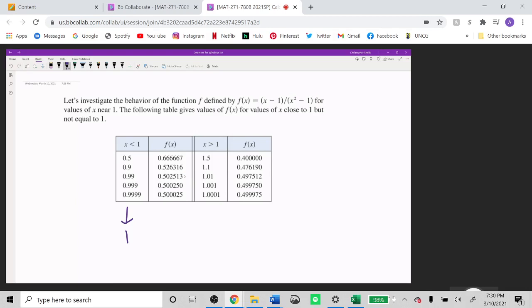So if you plug 0.5 into this function, you get 0.6666 repeating. If you plug 0.9 in, you get 0.526316, and so on down this table. Do these y values seem to be approaching something?